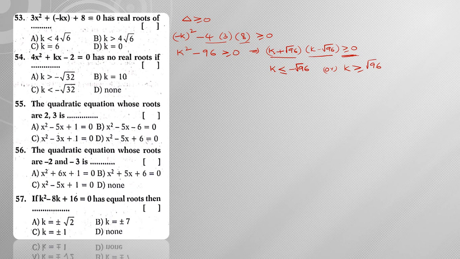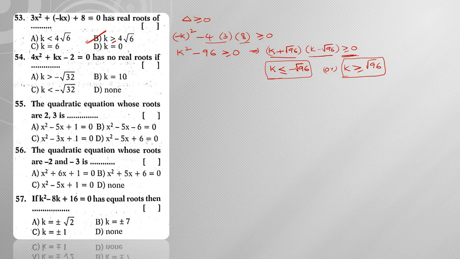Okay, so here we don't have any negative terms, so this particular condition we are not considering, so we are taking this condition. So k greater than or equal to root 96. So root 96 means 16 6s, so option B will be my answer with the greater than or equal to. Right. Next, question number 54.